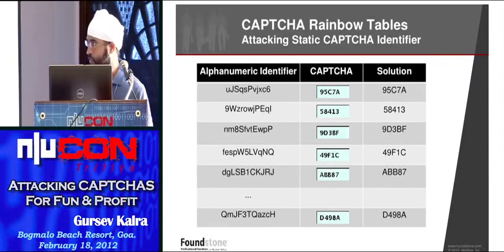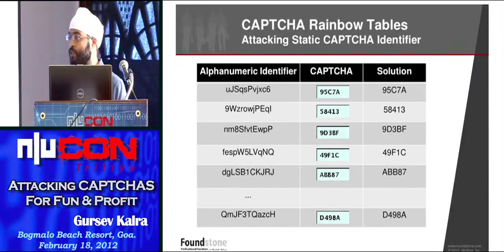For example, if I don't get to see identifiers, what do I do? In this case, what I was doing was trying to get thousands of images from the website, and I calculated hashes of those images and compared them, because I cannot solve all of them.